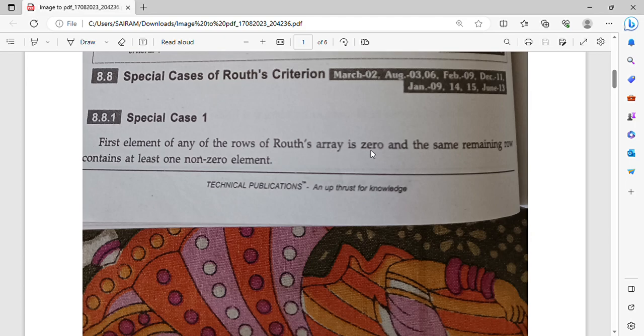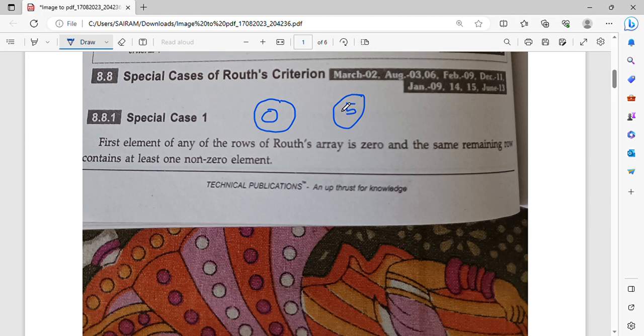There are many rows in the construction of the Routh array. If you consider any row, its first element should be 0, and all the others should be non-zero elements.